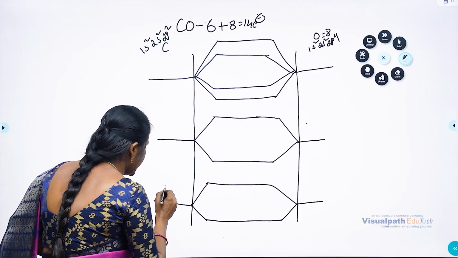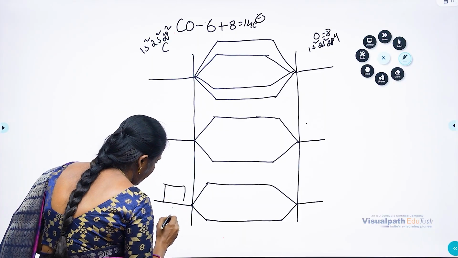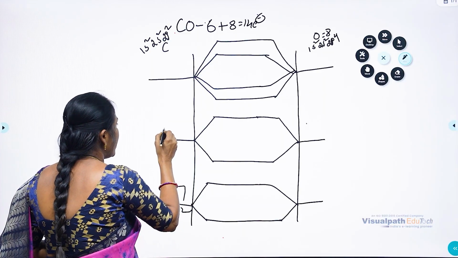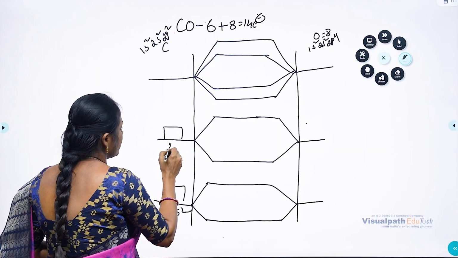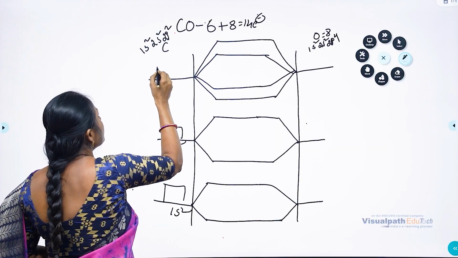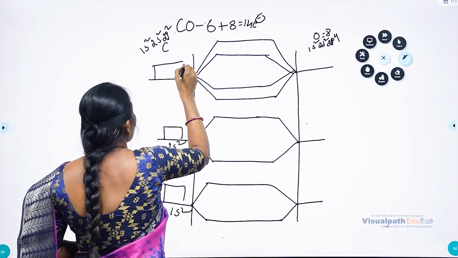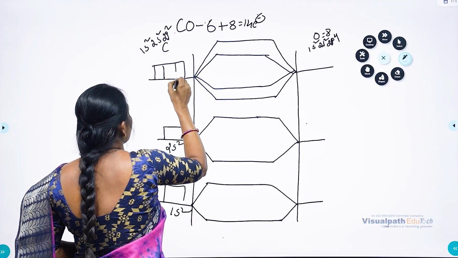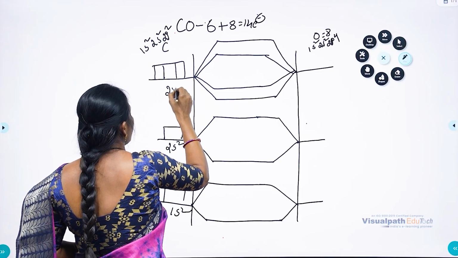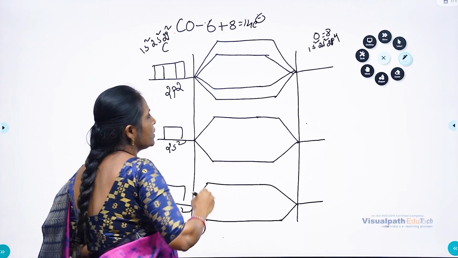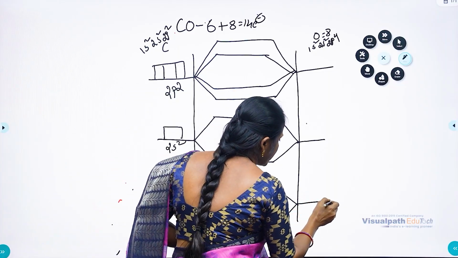So here it is 1s2 and 2s2 and the 2p orbital. In this 2p there are only 2 electrons. And next we go to the oxygen.